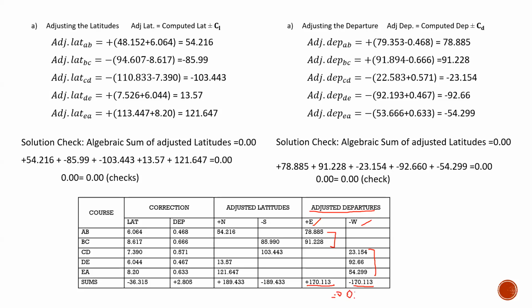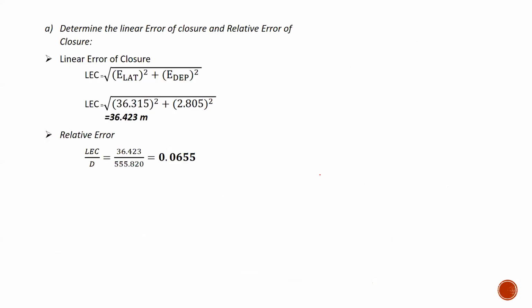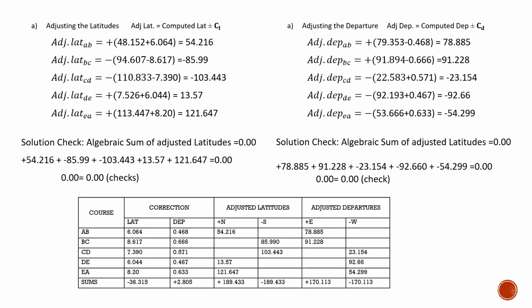And again, pag nag-i-equal yan sa 0, ibig sabihin, close na yung traverse natin, or dinagdagan na natin siya ng linear error of closure, or nagkaroon na tayo ng adjusting ng mga courses natin. Okay po. Malinaw? Do you understand this one po?